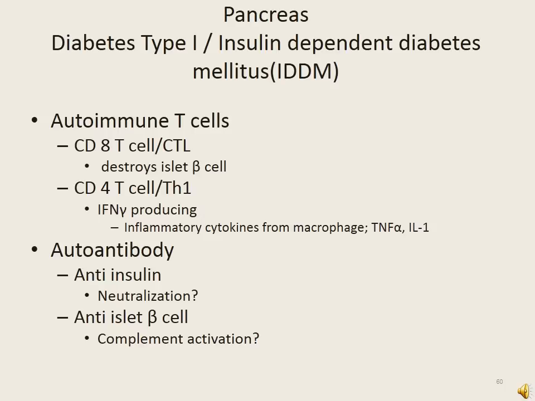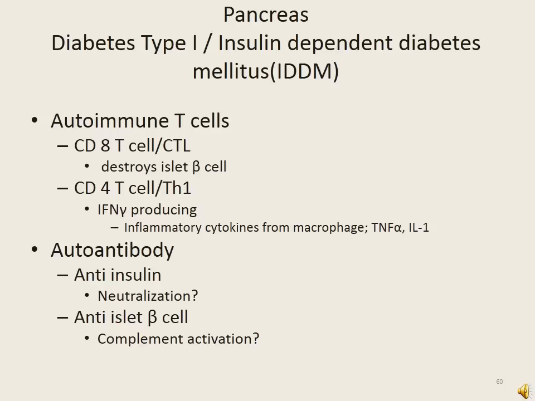The CD4 T cell, the Th1, produces interferon gamma that will induce further inflammatory cytokine production from macrophage, that we know well, the TNF alpha and interleukin 1.